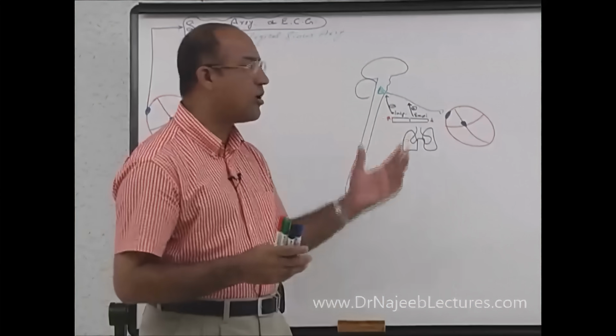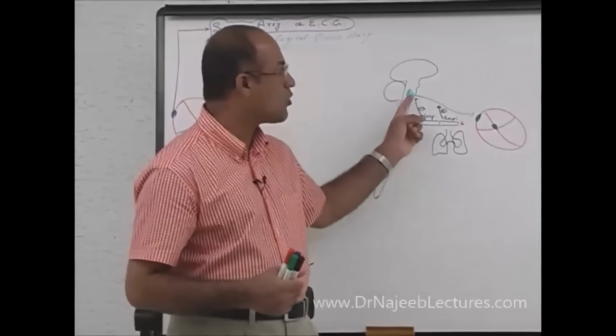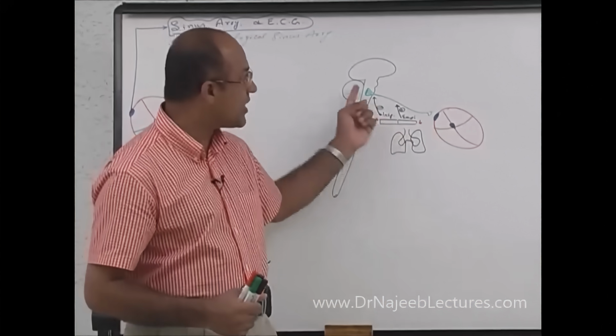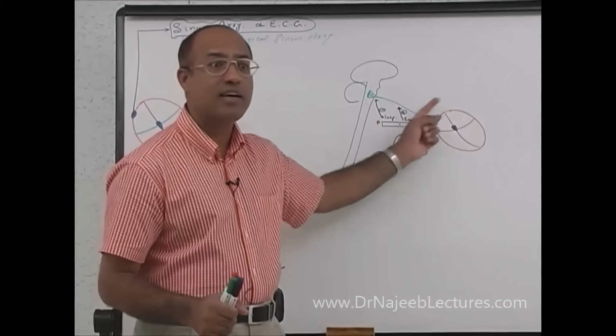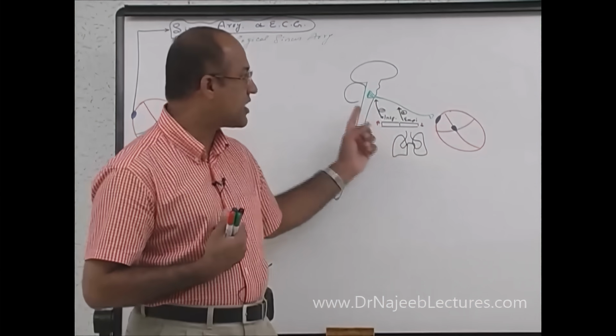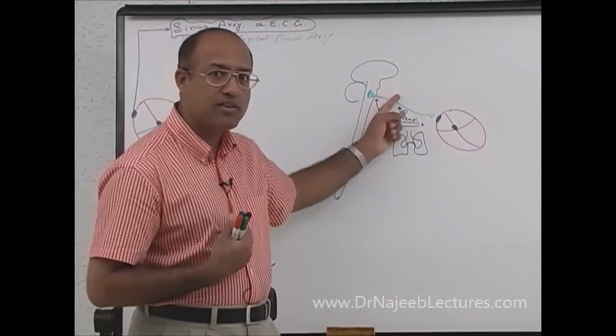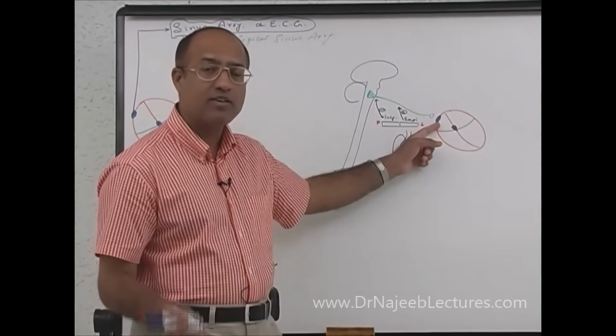So we can recap all this information: during the respiratory cycle, vagal outflow alters, and when vagal outflow alters, then SA node automaticity alters, and that changes the heart rate. During inspiration, vagus is inhibited. Once vagus is inhibited, then vagus cannot inhibit the SA node and heart rate goes up.